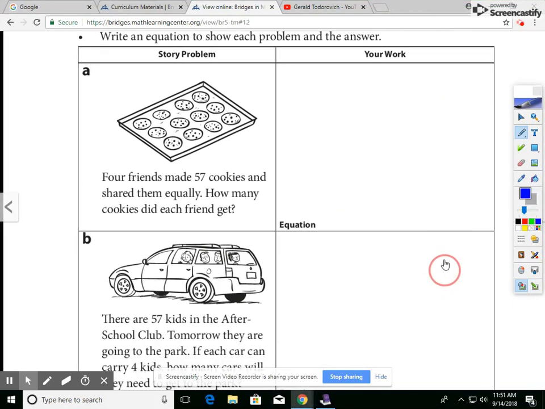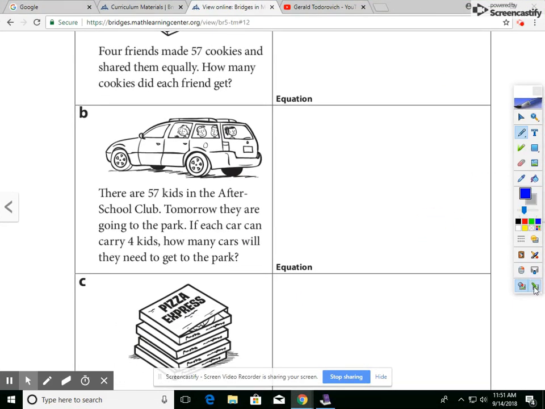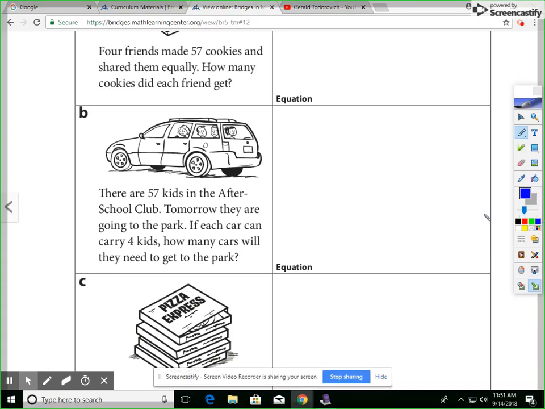So we come down here. Again, if it's 57 divided by 4, let me show you this time. Maybe we're thinking if your student does not know how to divide, we could put here, so it's 57 kids in the after-school club. 4 kids can fit in the car. So maybe we'll put up here in the top part of our ratio table, we're using these a lot, how many cars we need, and then this would be how many students would be able to fit in there.